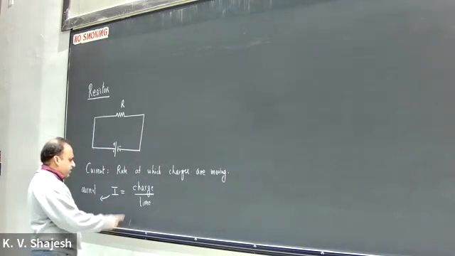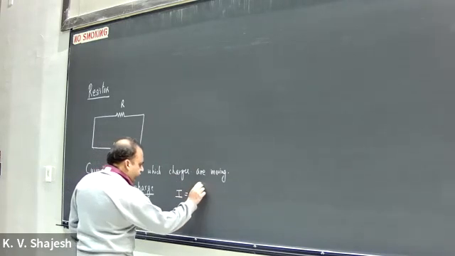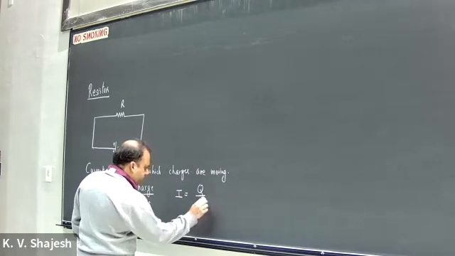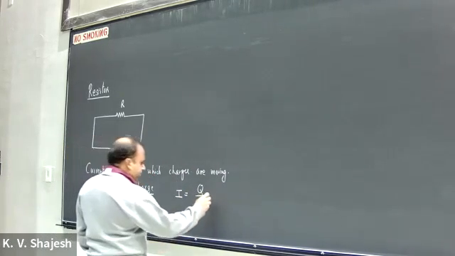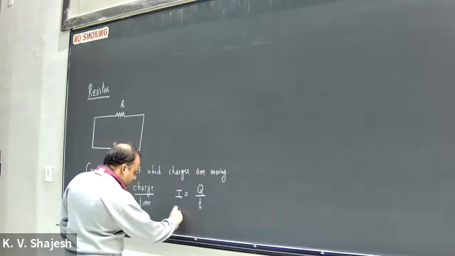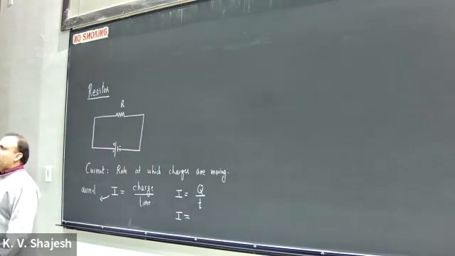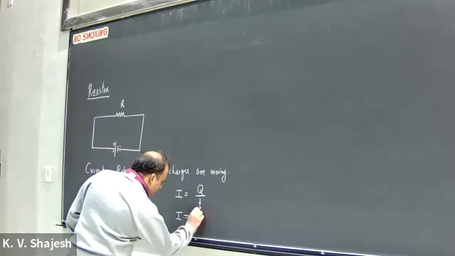And let's say this can also be written as I is equal to charge per unit time. Often you want to write this as a differential statement. This is the total charge per total time, but if you take a small segment of time, then you're talking about a small charge, also written as dq over dt.